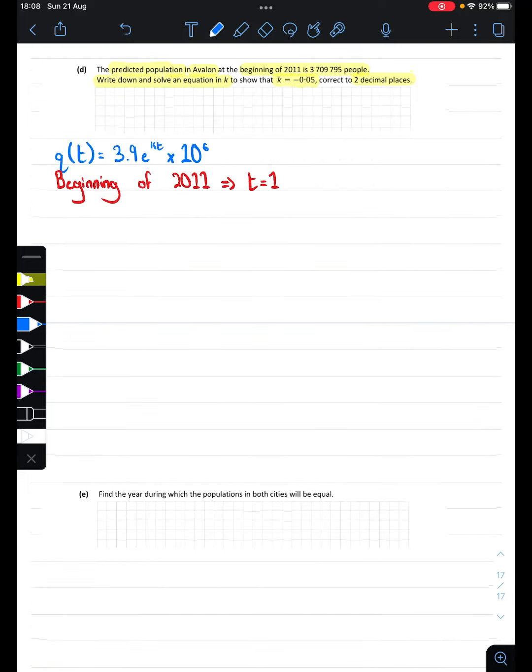So for Q of 1, the population in Avalon in 2011 is 3.9 e to the k times t, which is just 1, by 10 to the power of 6. And they've given us this population. It is 3,709,795 people.